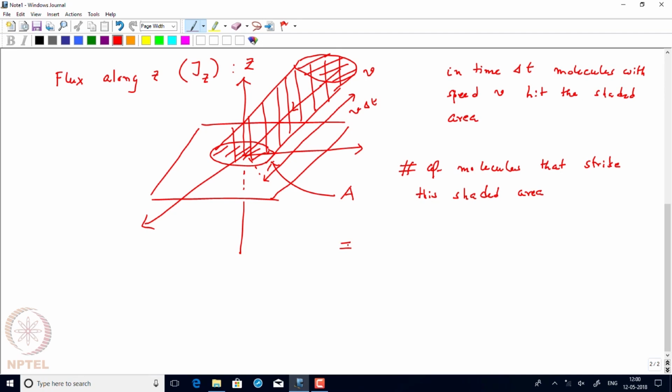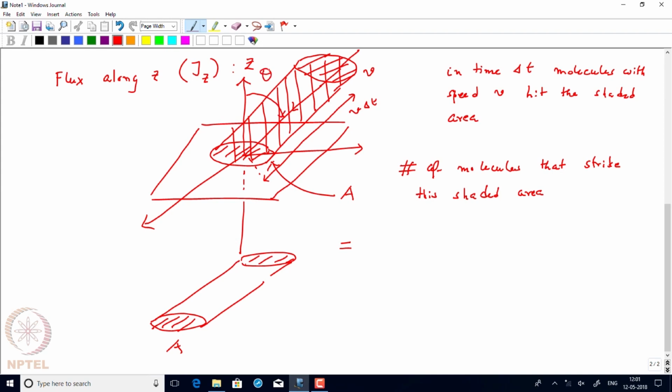Now see that this cylinder is a slant cylinder. It has a cross-sectional area. The base area is A, and it has a slant like this. Now let us assume the cylinder has this axis, and this axis is making an angle theta with respect to the positive z axis.